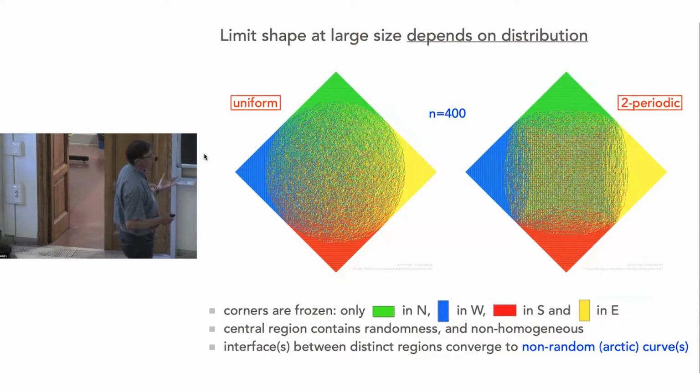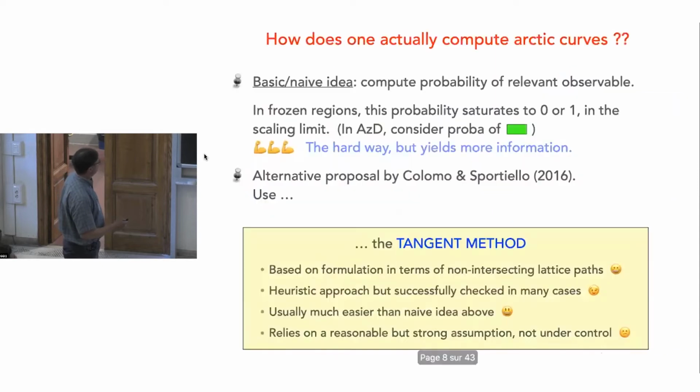So if you can compute that, then you will automatically determine the Arctic curve, because you'll see a jump in the behavior of this probability. But that's the hard way. It's technically more difficult, but it also yields more information.